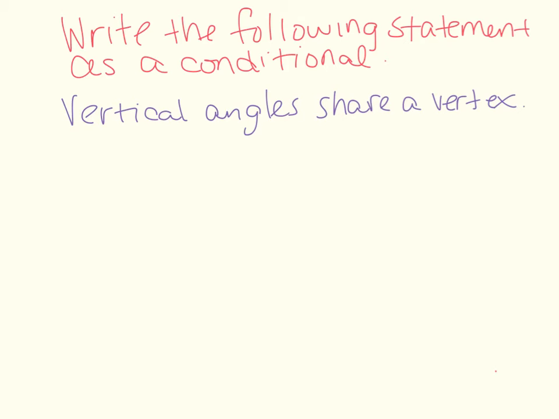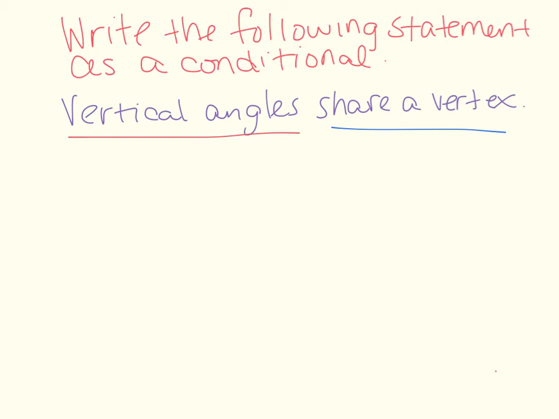The statement we have here says vertical angles share a vertex. The first thing you want to do is determine what is the hypothesis and what is the conclusion. Well, if you read here, the hypothesis is vertical angles. The conclusion is share a vertex.